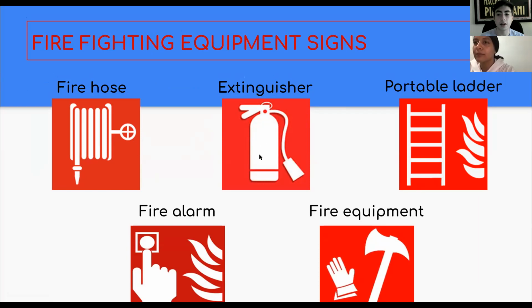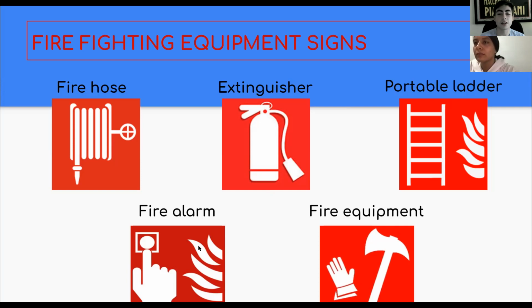This indicates the location of a fire extinguisher. And the following signage is fire alarm. This is an audible warning of danger, smoke, gases, and fire.